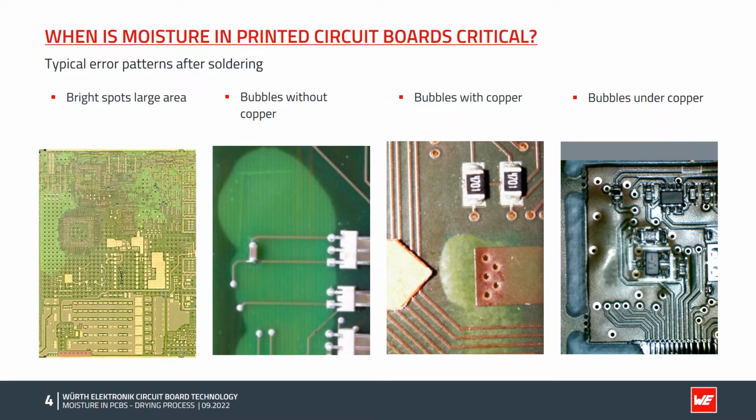The third picture shows us bubbles with copper, so we can clearly imagine that the big copper area had some humidity below, and so the bubble started there and made a delamination in the material. The picture on the right side shows bubbles under copper, and this is the situation which is not that easy to find. So big copper areas and bubbles below that is a kind of critical picture and error pattern.